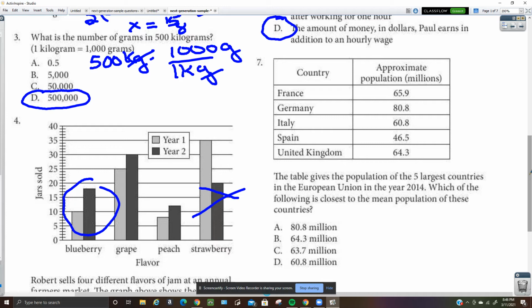All right. The table gives the population of the 5 largest countries. Which of the following is closest to the mean? So you want to add all these together. Let's see if we can just total them right here. 9 and 8 is 17. 17 and 8, 25, and 5 is 30, and 3 is 33.